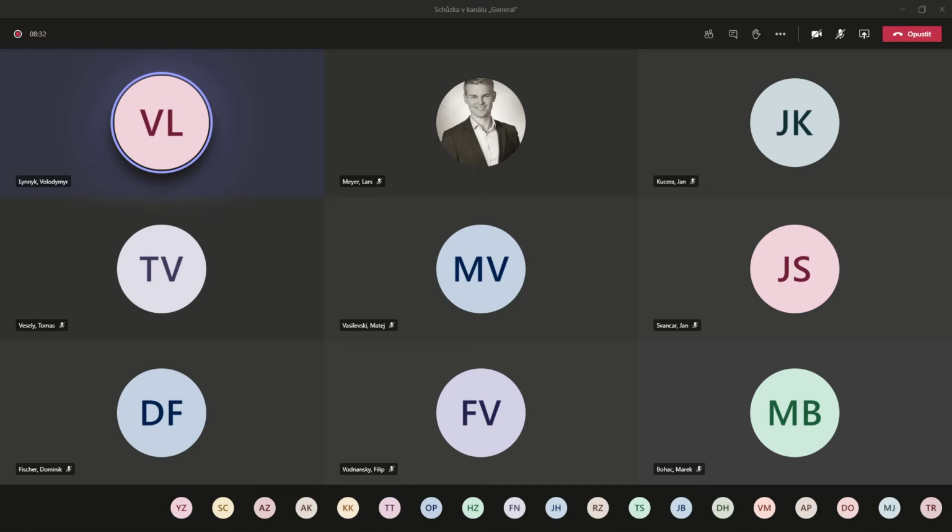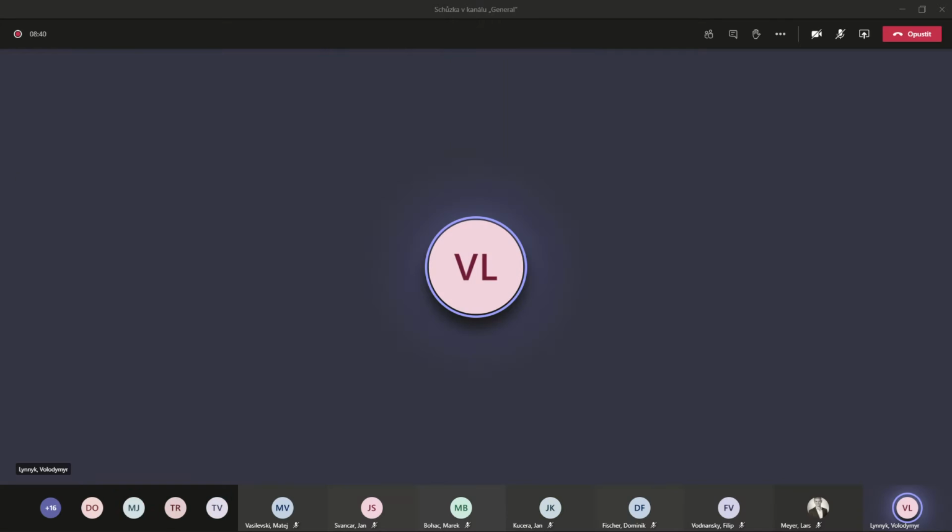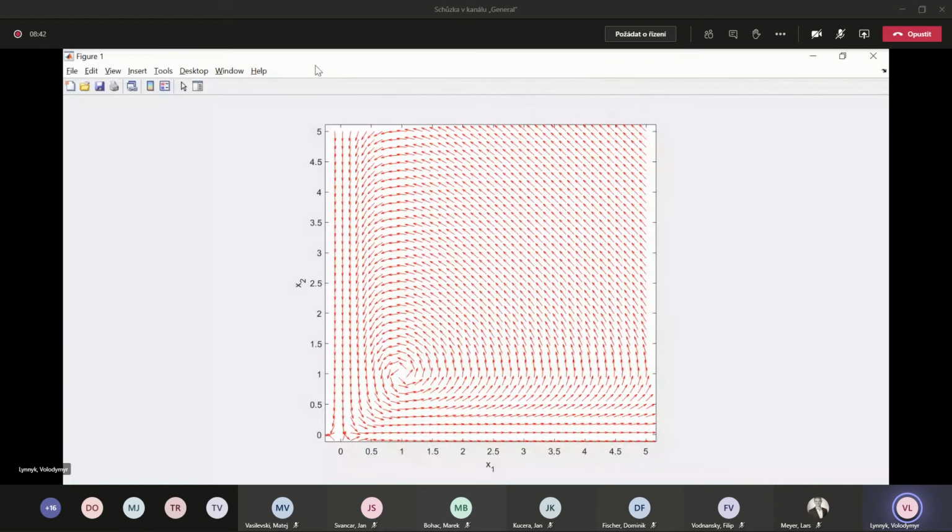Okay, and now you can see this figure from the simulation. Here one equilibrium point is 0, 0.